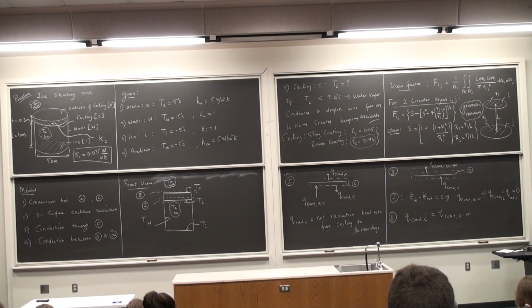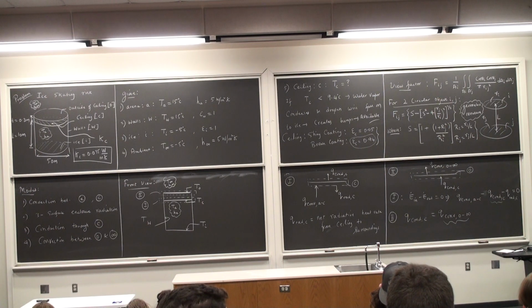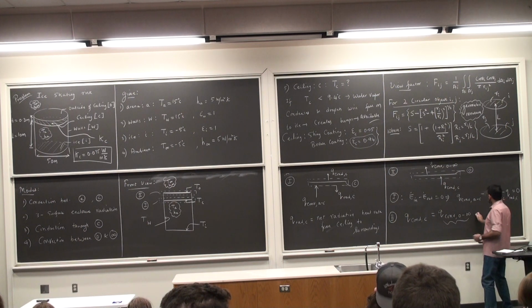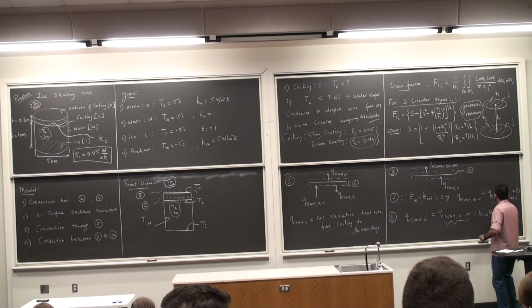Now one could do a couple of things. You see Q conduction C, I can replace it by this guy. If I write the convection heat transfer equation, if you recall, this is H times area of the ceiling.